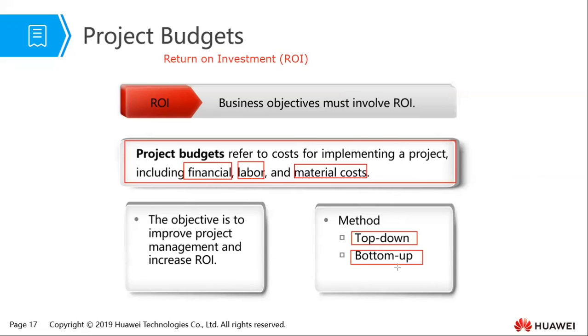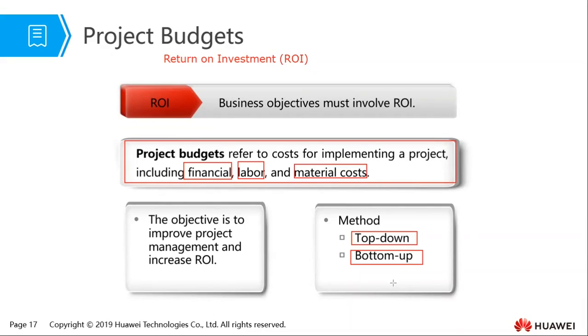The bottom-up approach is when you divide a project into subparts, and now you come up with the fees for each part. Then you add them together. So here the total budget consists of fees of each part of a project.